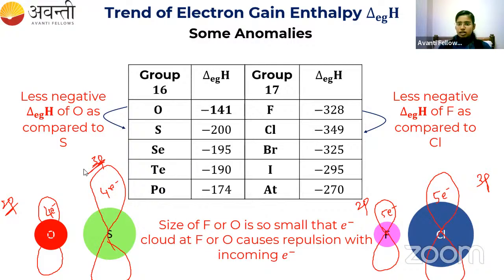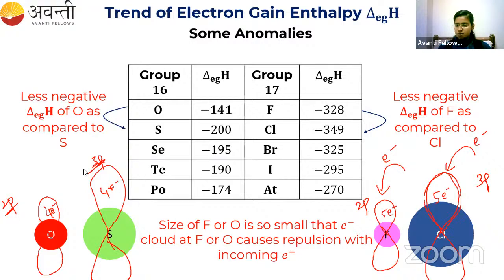Now, what is electron gain enthalpy? Adding an electron to an atom is called electron gain enthalpy. Suppose I am going to add one electron to fluorine and also one electron to chlorine. The space in the case of chlorine is very big.